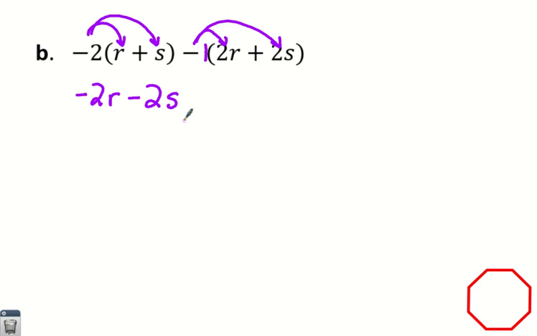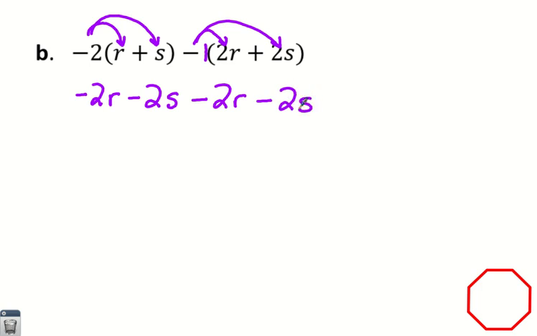And notice how I'm even writing the letters a little bit smaller than the numbers. Writing neatly can help, you know what I mean? And so the negative of 2r is going to be minus 2r. And then the negative of positive 2s, or just negative 1 times 2s, is going to be negative 2s again.